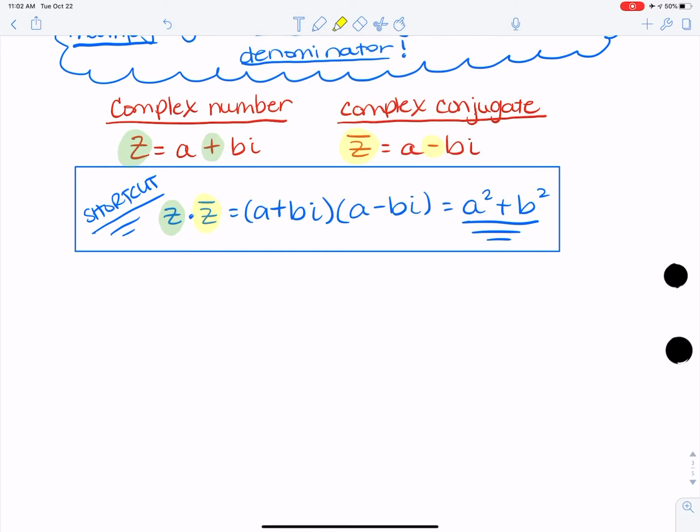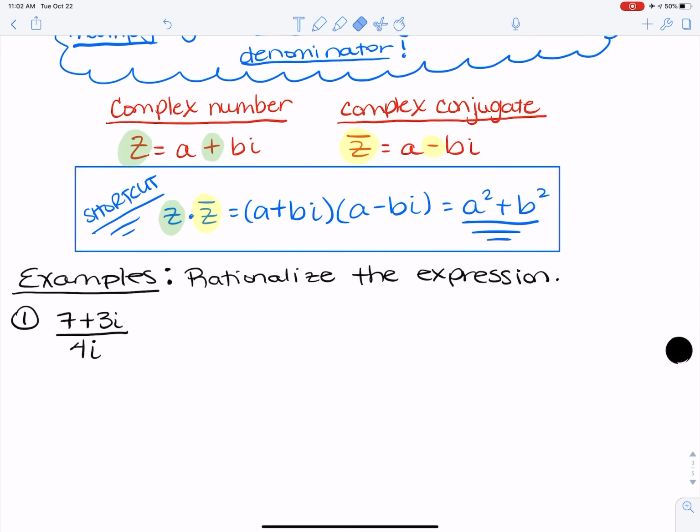The a plus bi and the a minus bi kind of reminds you of difference of squares. And there's your answer. Instead of it being a difference of squares, it's actually a sum of squares. That is the shortcut to multiplying these. Instead of doing the box, you can just shortcut multiply by doing a squared plus b squared. And notice the i is gone. There is no i.